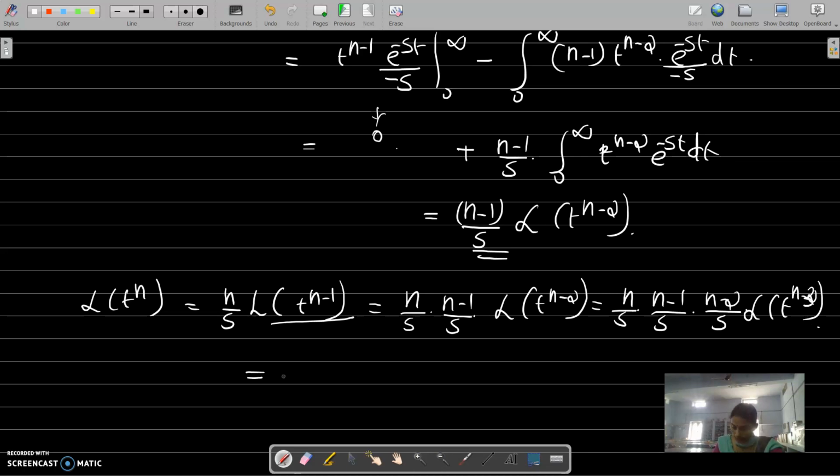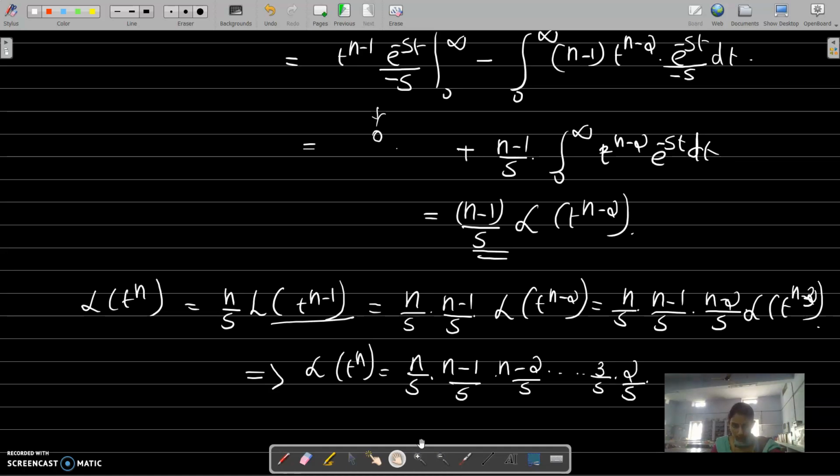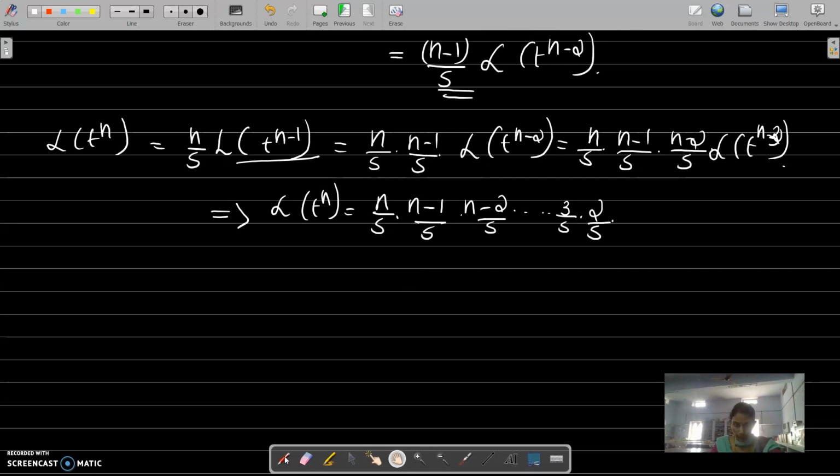Similarly, continuing like this, the Laplace transform of t raised to n is n by s into n minus 1 by s into n minus 2 by s into etc. into 3 by s into 2 by s into the Laplace transform of t.